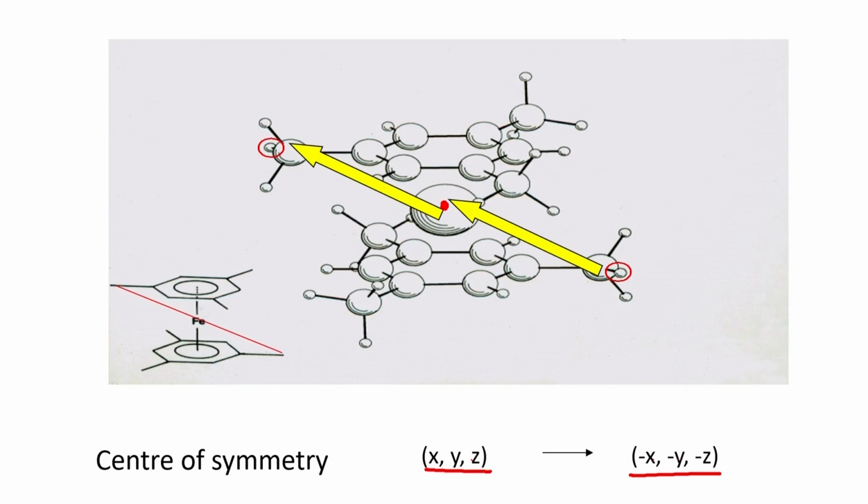So the inversion is also an operation where the object is not necessarily, and in fact is not, an enantiomorphous object.